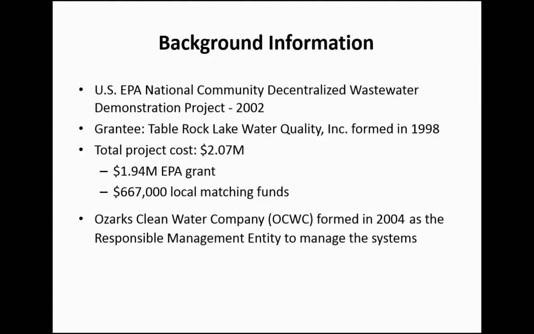Table Rock Lake Water Quality, Inc. is the grantee for this project, which received a $1.94 million grant from EPA back in 2002, with a grantee share of $667,000. In 2004, a responsible management entity named Ozarks Clean Water Company was established to operate and maintain the advanced wastewater treatment system.